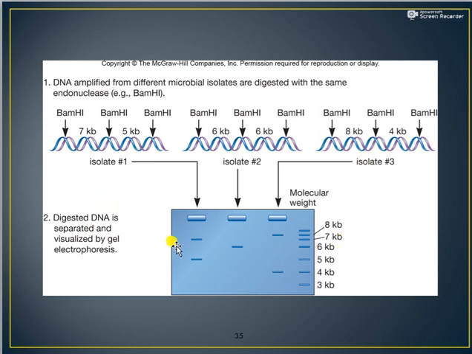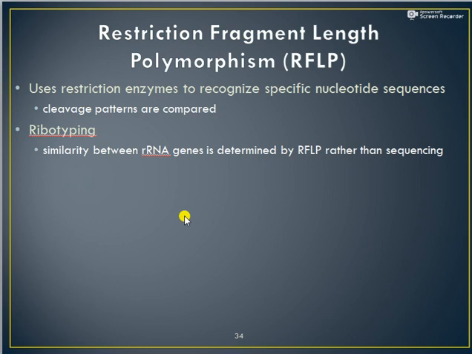If two different organisms have the same band pattern, then we can say that they are more or less identical or similar in nature. The similarity between the ribosomal rRNA genes can also be determined by RFLP, but sequencing can also be used.